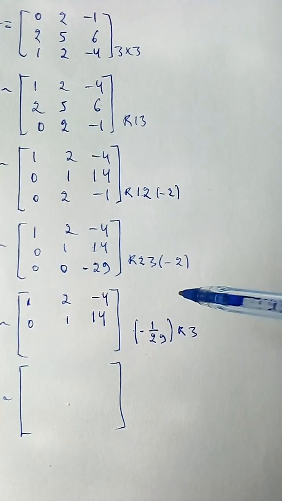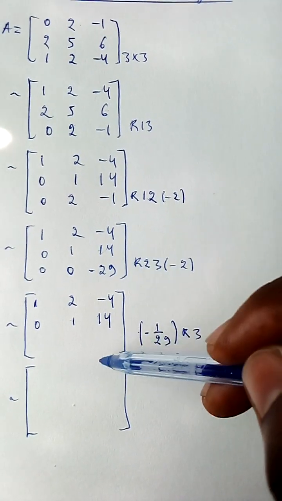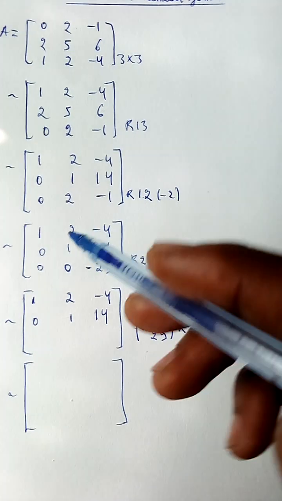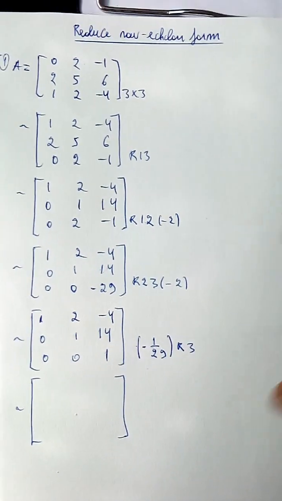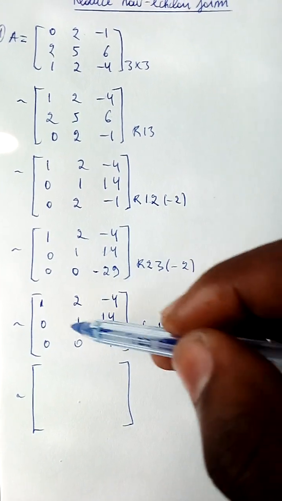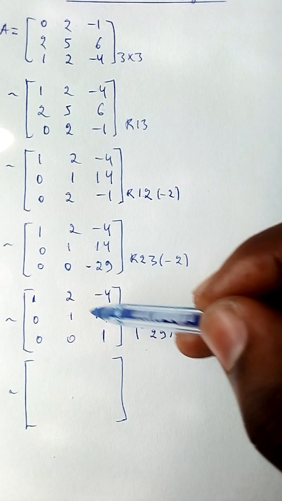So we are using -1 by 29 in order to make the leading one in the third row. So this is the row echelon form of a matrix with a leading one in the main diagonal entries.